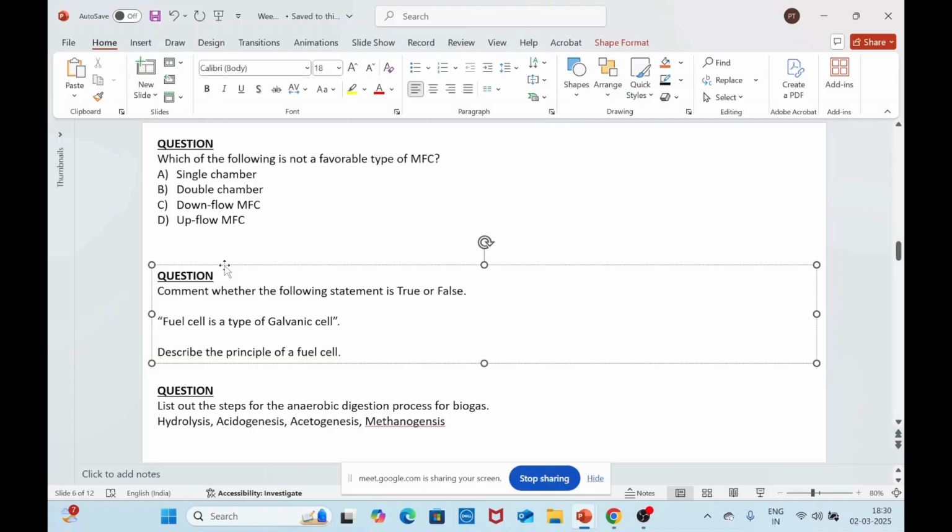Comment whether the following statement is true or false. Fuel cell is a type of galvanic cell. We just now discussed, so true. Okay. And can anyone tell me why it is true?